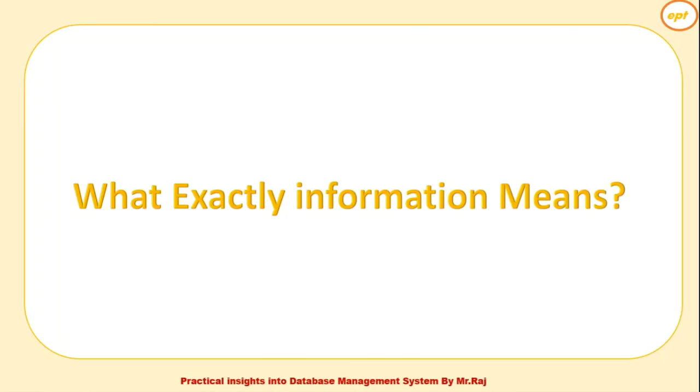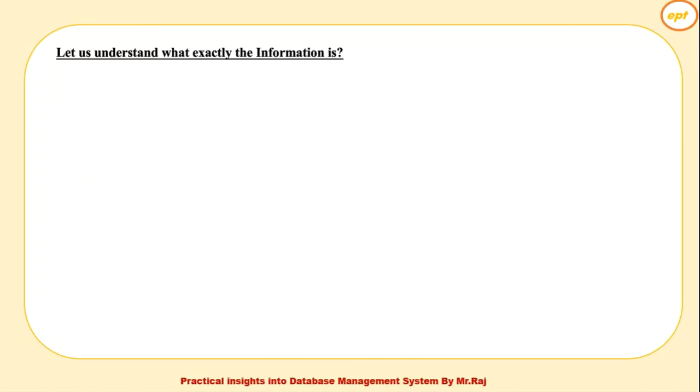What exactly does information mean? You have raw data. If you add a context, or a meaning, to the raw data, what will happen? It will become information. That's it, simple, right?